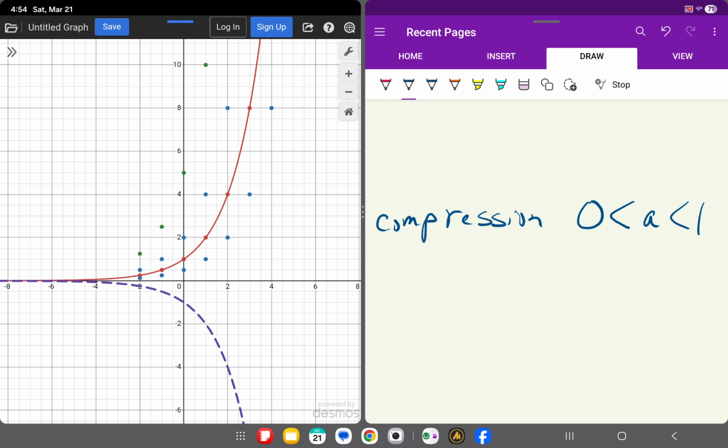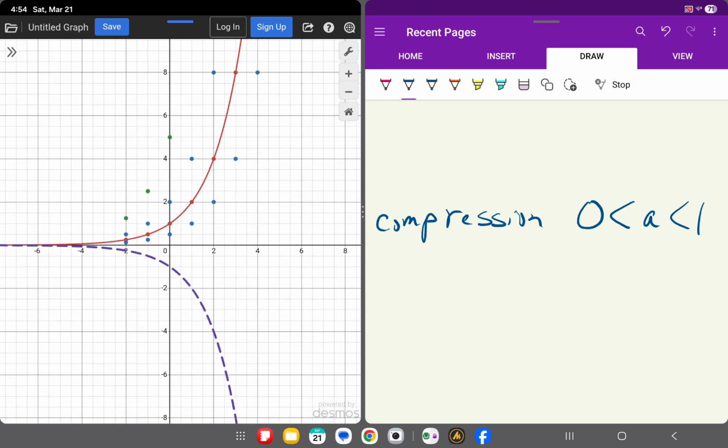So in this one, our domain is going to be all real numbers. Our range in this case is going to be from negative infinity up to 0, and then after that, it stops. So we would have parentheses, negative infinity, comma, 0, parentheses.